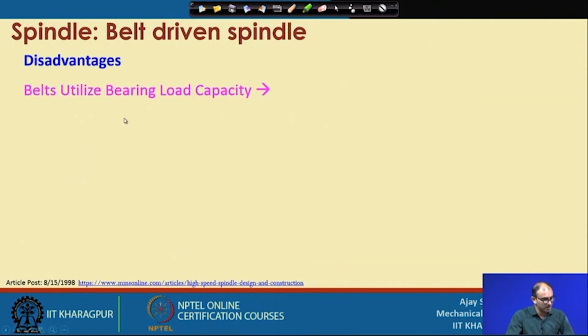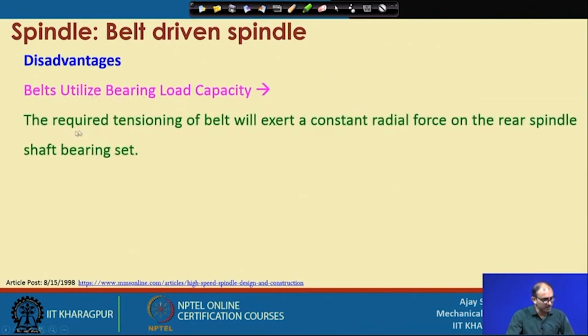What are the further disadvantages? The belt utilizes bearing load capacity, because the required tensioning of the belt will exert a constant radial force on the rear spindle shaft bearing set. Now, what does it mean?